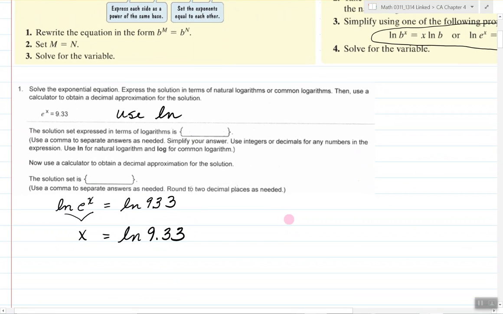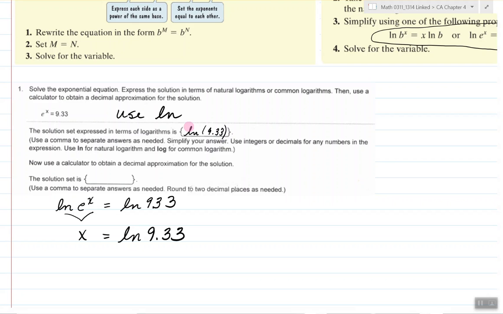So the first thing that my math lab wants is for you to write the solution set expressed in terms of logarithms. So you will literally type in ln, and it will open parentheses, 9.33. If it doesn't open parentheses, then you don't have to type the parentheses.